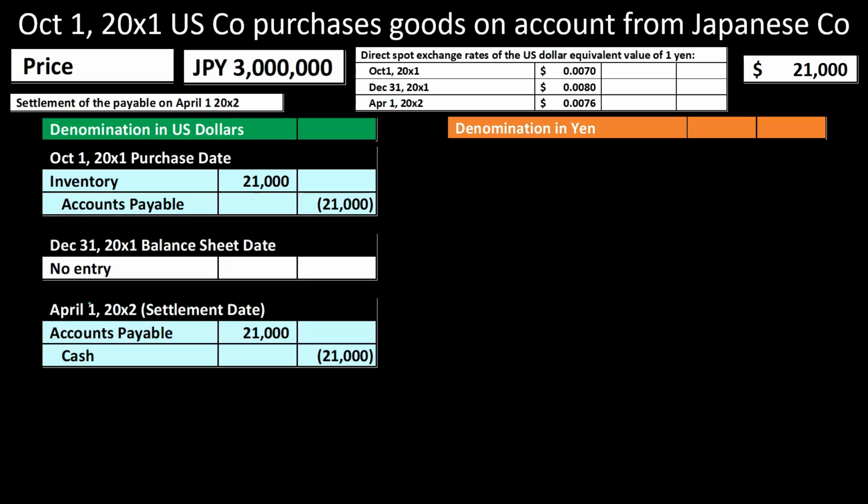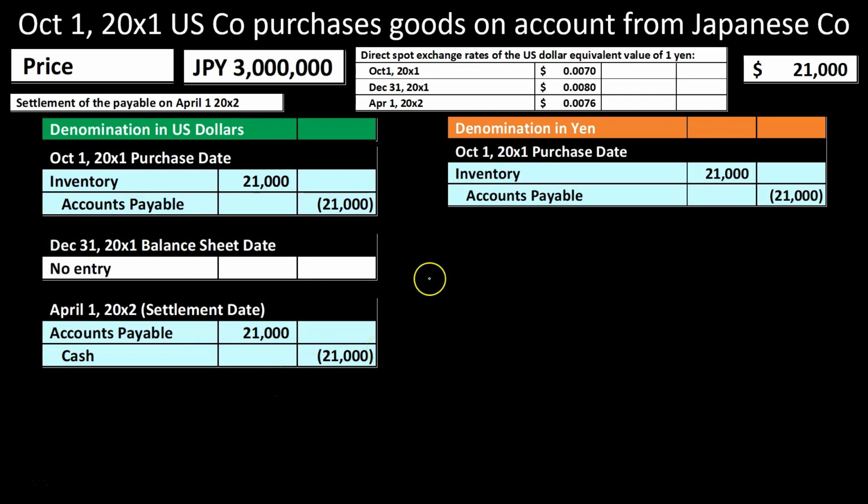We're then just going to say that there's no adjustment at the balance sheet date because we don't have to adjust the accounts payable due to the fact that it's in dollars. It's valued correctly. So then when we pay for it on April 1st, we're going to be debiting the accounts payable, decreasing the accounts payable, and paying it off in cash. And that's the whole cycle. No problem, the thing is over.